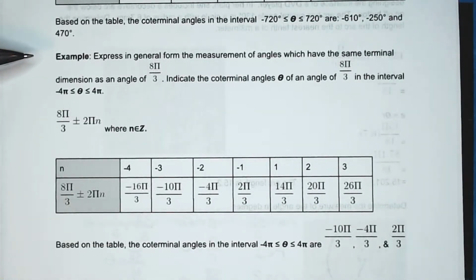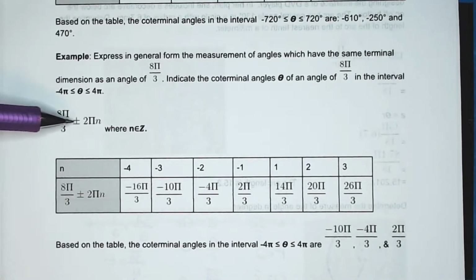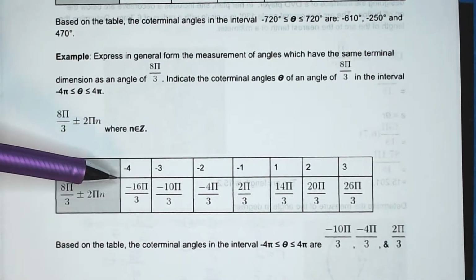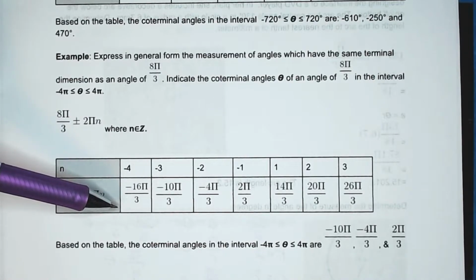Now we can do the same thing when the angle is in radian format, and there's an example here. So here we're using the angle 8 pi over 3, and just that general formula plus or minus 2 pi n. Again, we're going to plug in some values for n and see what the resulting angle is.